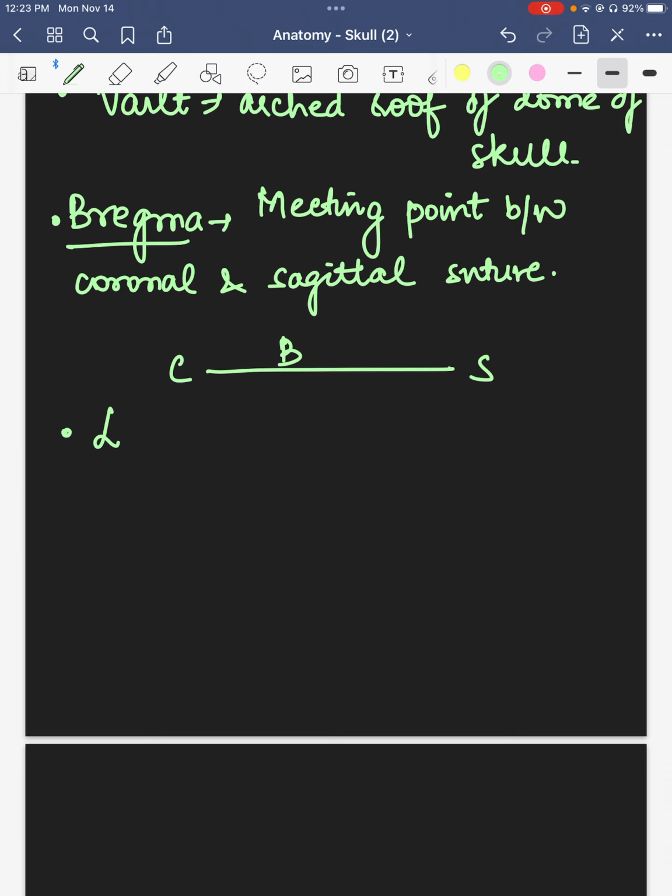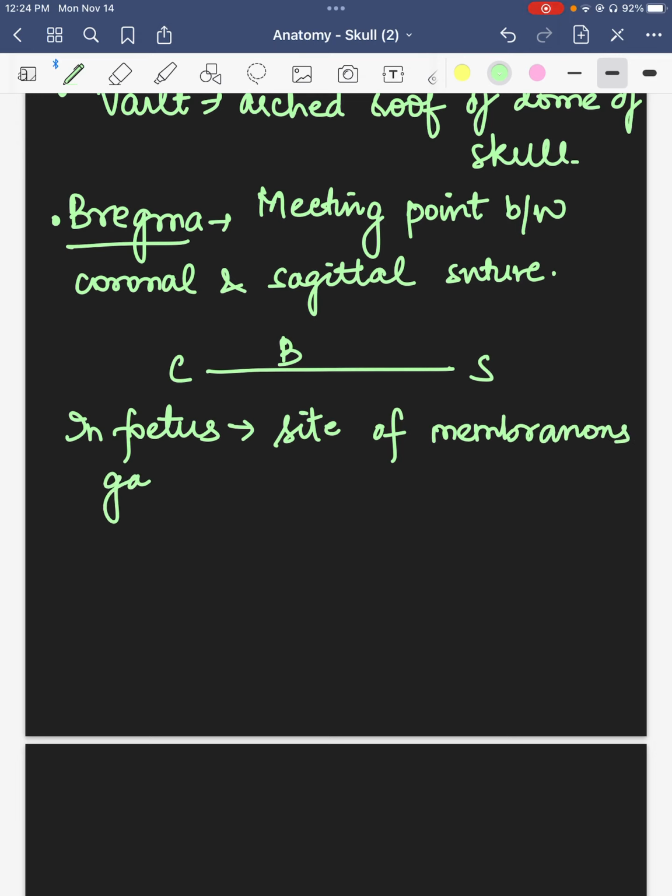Before coming to lambda, there is one more important point regarding bregma. In the fetal skull, the site of the membranous gap is called the anterior fontanelle.